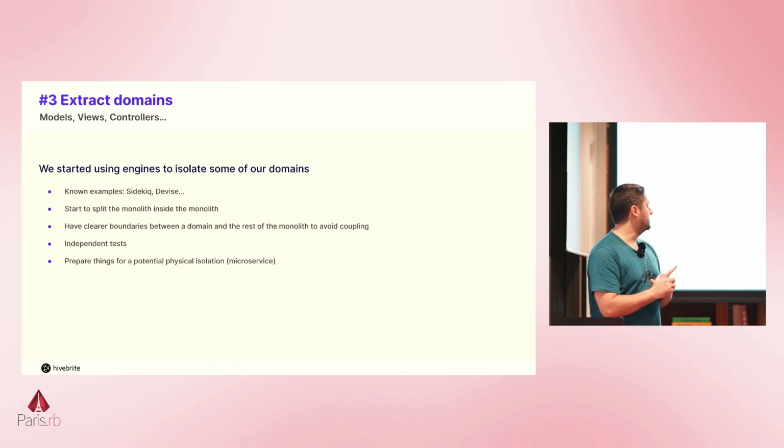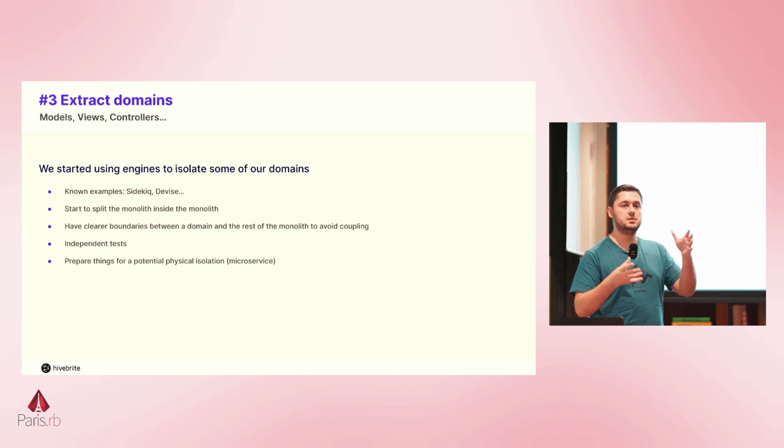Another cool feature is that you can have independent testing, where you can run the tests of one engine alone, in isolation. So it's faster locally when you develop, because you can run all the tests related to this engine in isolation, as well as on the CI, where you can have optimization where if you didn't touch the code of an engine, you don't need to run it, for example.